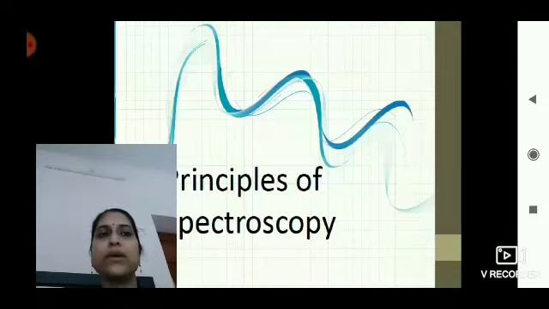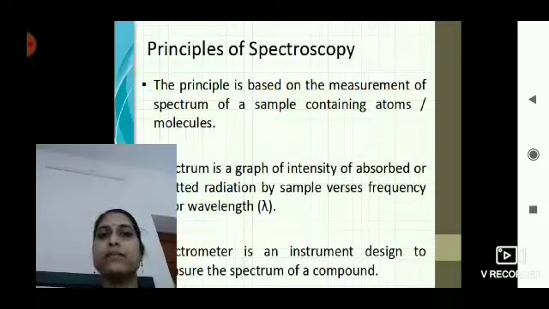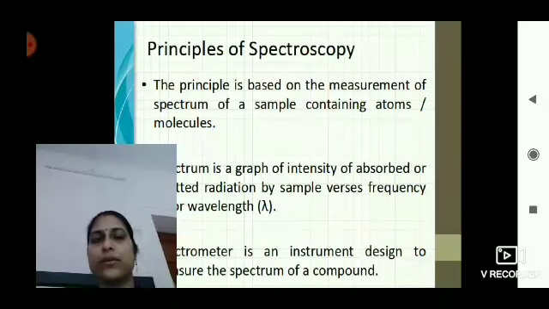Now, coming to the principle of spectroscopy. Spectroscopy deals with two phenomena: absorption spectroscopy and emission spectroscopy. When electromagnetic radiation interacts with matter, some intensity gets absorbed and the rest is transmitted.